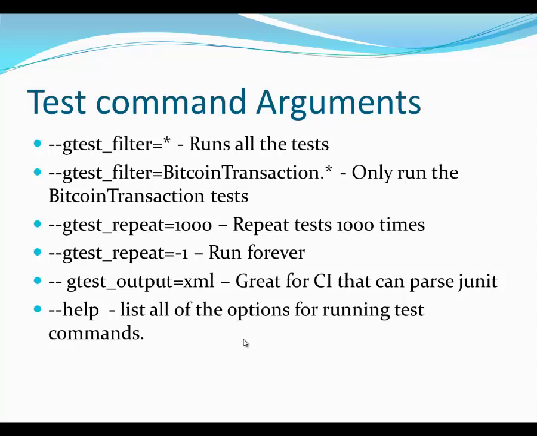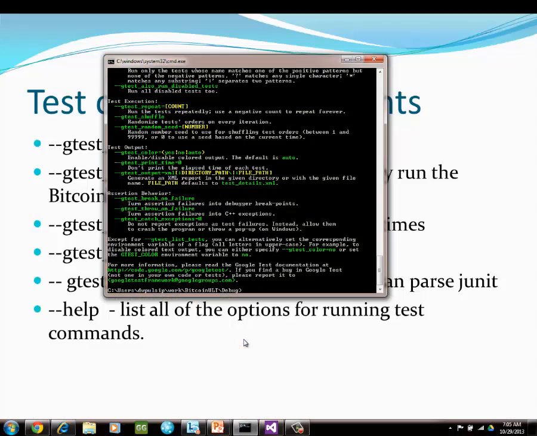Also, another helpful option is the gtest_output. If you change that to XML, it will create a file called test_detail.xml, which can be parsed by any JUnit parser. This again gives you the ability to integrate with continuous integration systems or with test harnesses that are used to JUnit output. So let's take a look at how we can go ahead and do that.